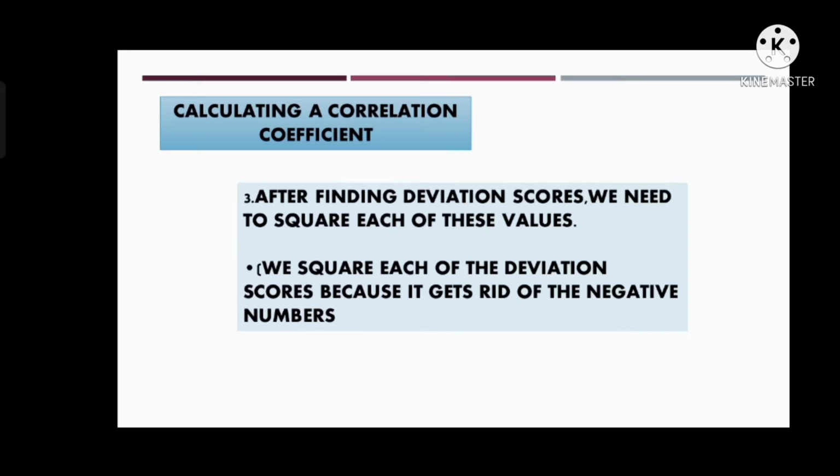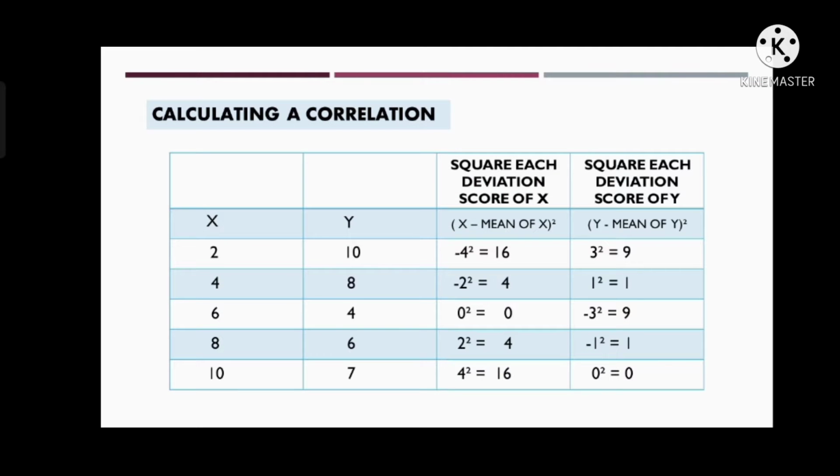Meaning, the negative numbers disappear. The deviation scores of x are the following: negative 4, negative 2, 0, 2, and 4. So, to get rid of the negative values, we square each of them.